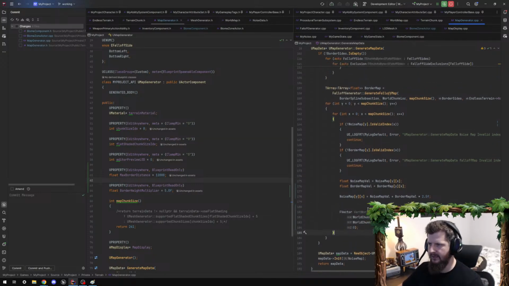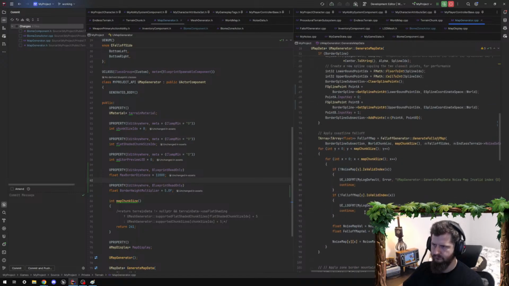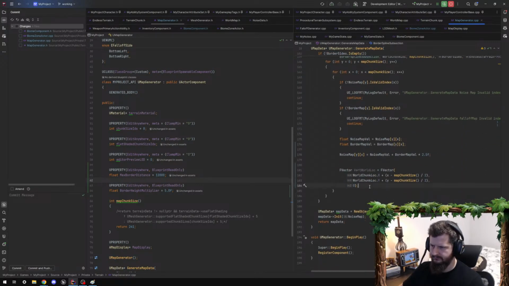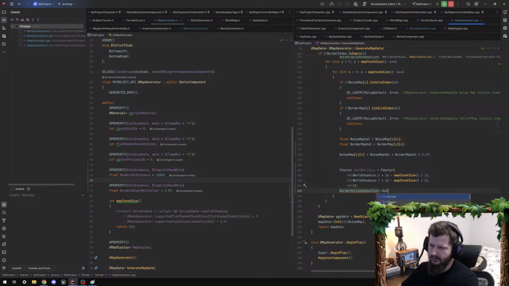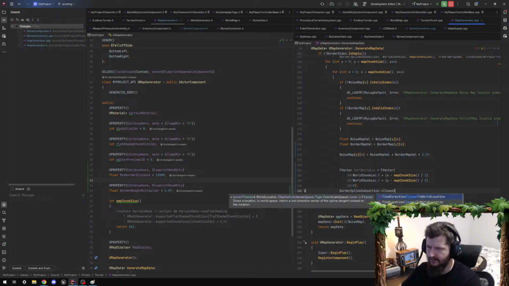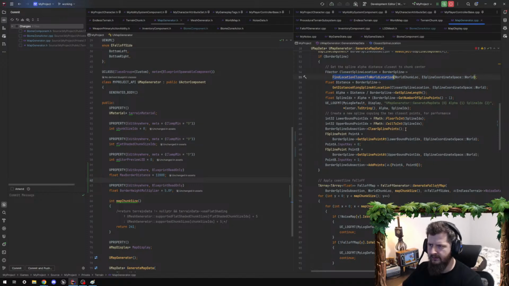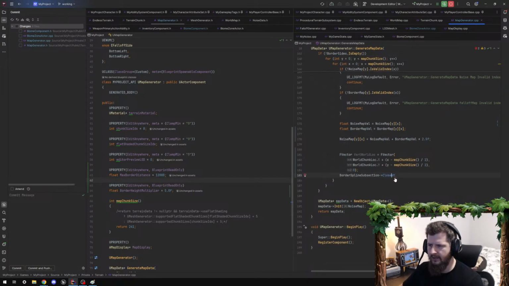And so I can take this border spline subsection, get closest, find closest, I was already using it up here. What was it called? Find closest location. Yeah. That's just like that.